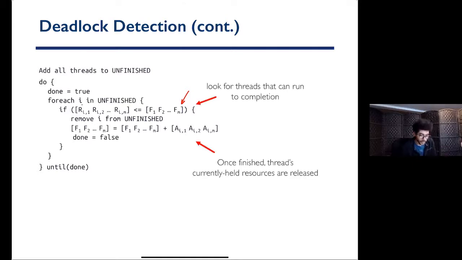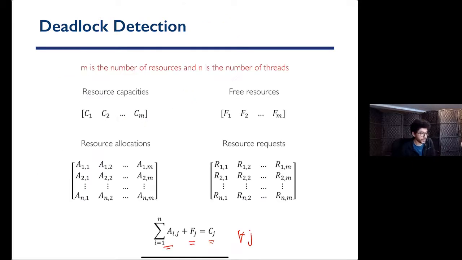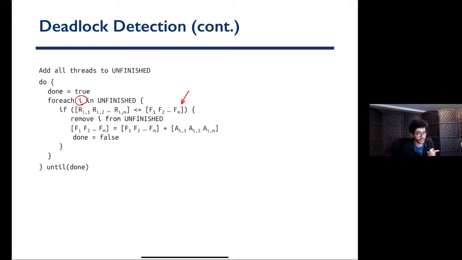Now we pick each thread, and then we look at the request of this thread. And we see if we have enough resources to give all the requests that this thread has. If we do have that many resources, we can say that this thread will finish, right? Because I have enough resources to give to this thread. So this thread is going to finish eventually.